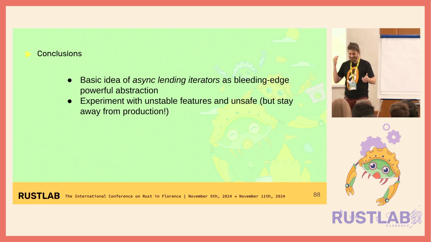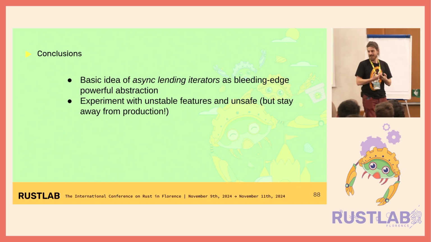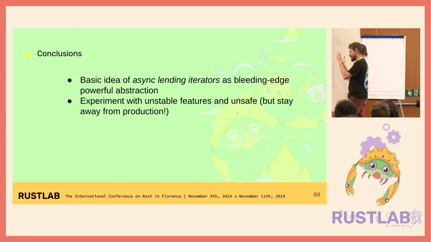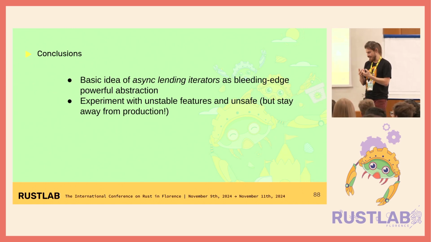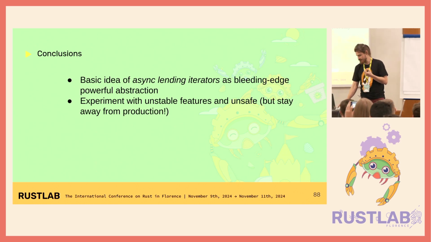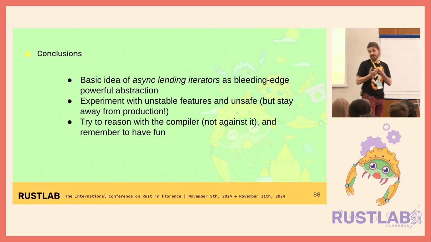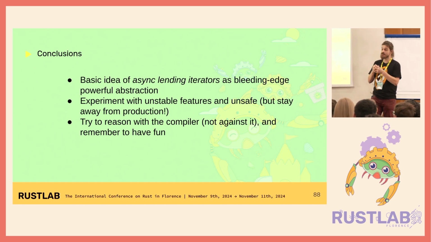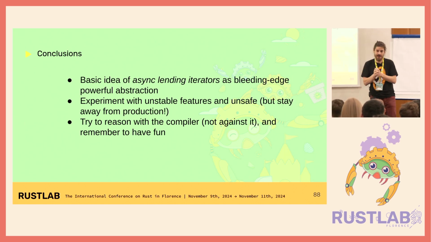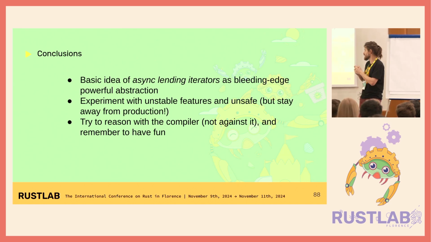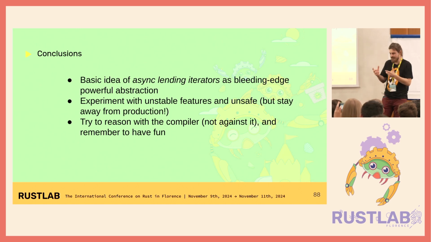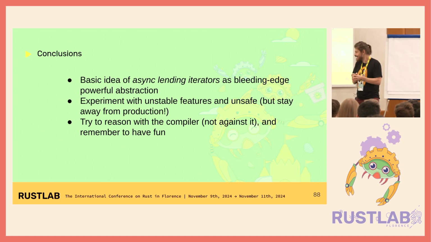As Tim said previously, Rust needs to improve in a lot of ways, and sometimes, if you have time, it can be very fun to do this kind of exploration. Remember to reason with the compiler and not fight against it, because you need to have fun doing this, okay? Even if the compiler seems wrong, you need to try to understand what is going on and not fight it.